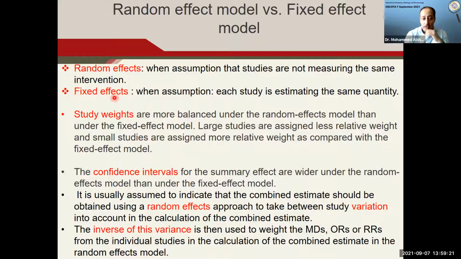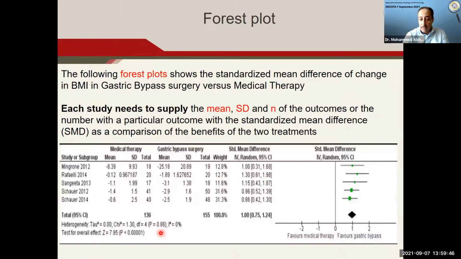If we use fixed effect, with the assumption that there is no variation in the included studies, the weightage of each study will be calculated based only on sample size. But if we use random effect, the weightage of the included studies will be calculated based on 2 criteria: the sample size and the inverse of variance, which is related to the standard deviation.